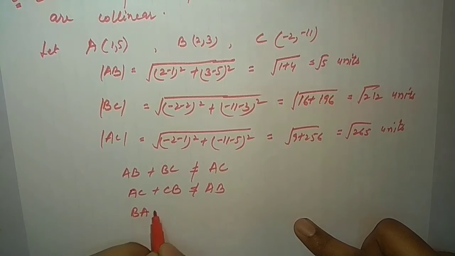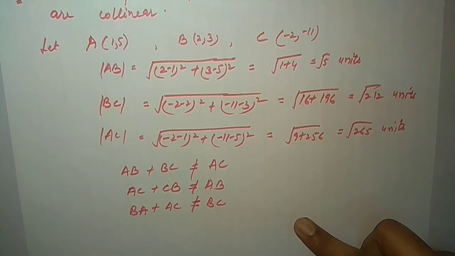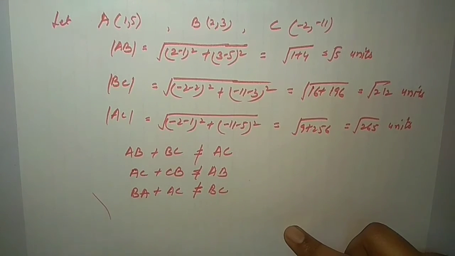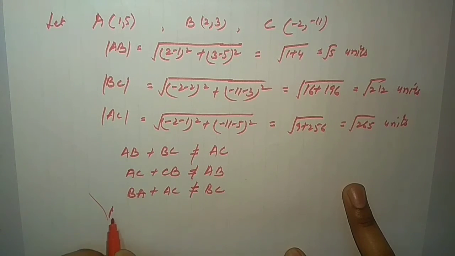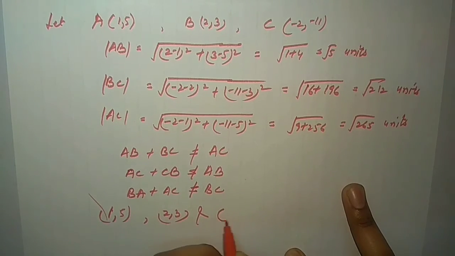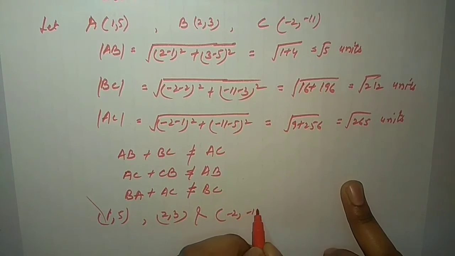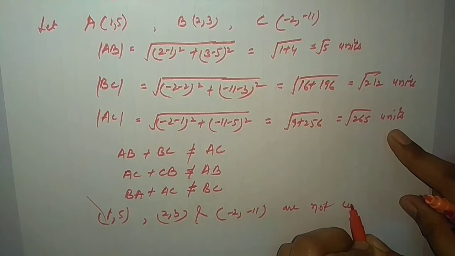BA plus AC is not equal to BC. All three cases are not equal. So this shows that these points 1, 5, 2, 3 and minus 2, minus 11 are not collinear.